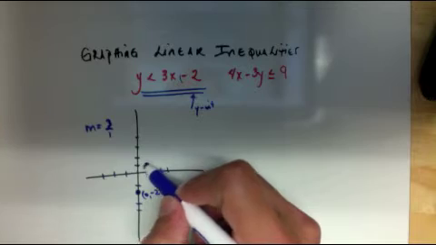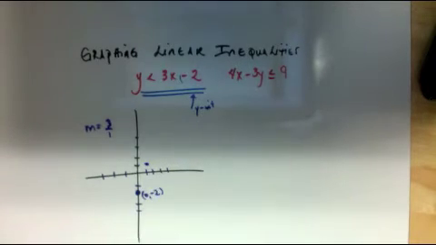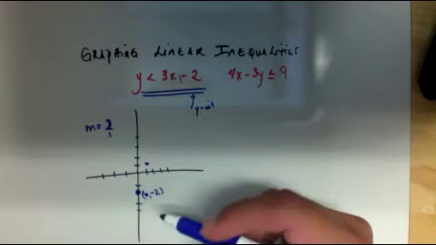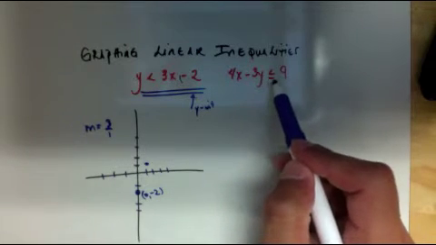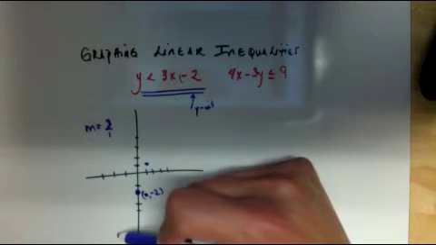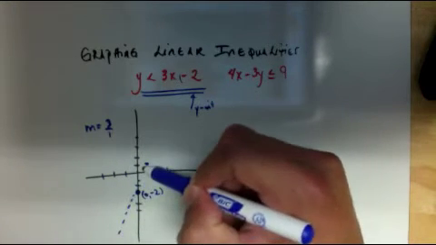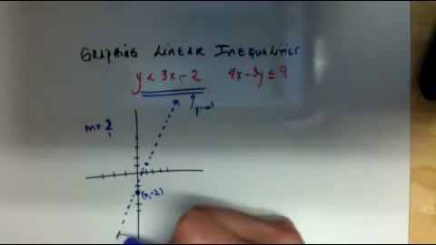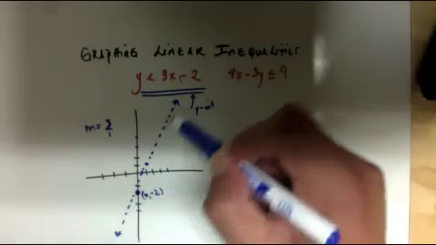Now we're going to connect it, and this is where students get confused. It says less than. It doesn't have the little line under it, so it's not equal to. So this line is going to be what we call a broken line. That means that the points on this line are not included.